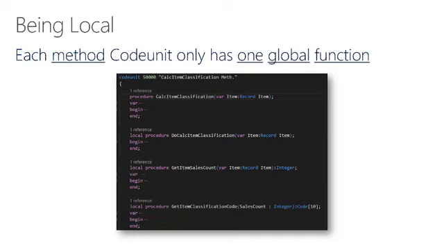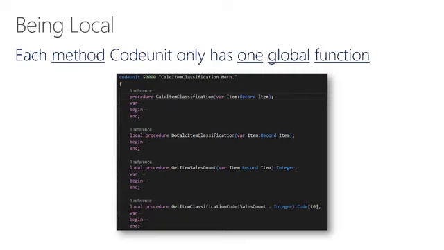Now, I've talked about being local. This means that every method code unit only has a single global function. In the screenshot that you see now, we have one procedure that's not declared as local, and that one procedure is calc item classification. At the top you see code unit 50,000. The name is calc item classification method.